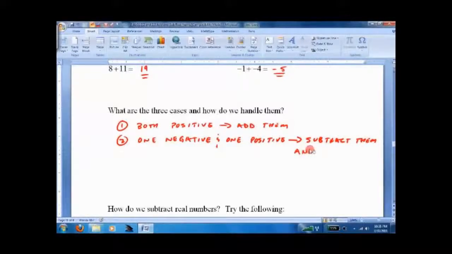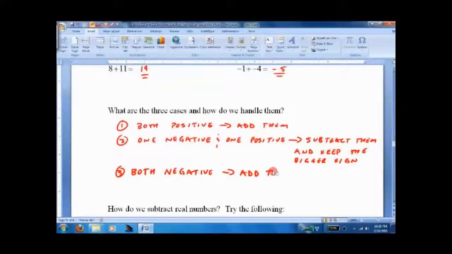And keep the bigger sign. In case 3, both negative. Add them. And make the final answer negative.